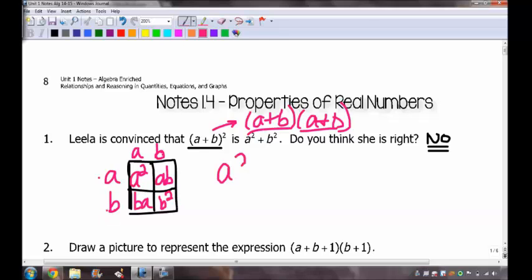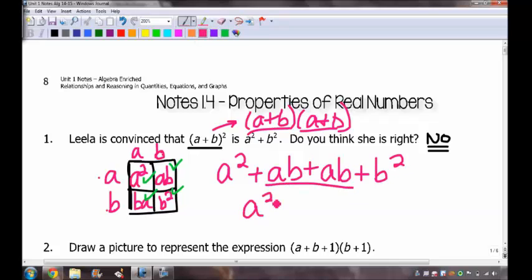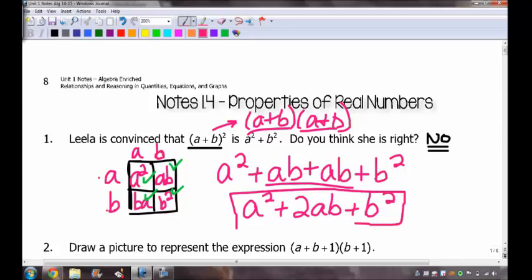So I end up getting a squared plus ab, plus, now, do you guys see how this right here says ba? But I can say it in any order I want, so I can say ab again, plus our last one right here, which is b squared, right? So I end up getting, combining these together, a squared plus 2ab plus b squared. Okay, so this is my final answer right here.